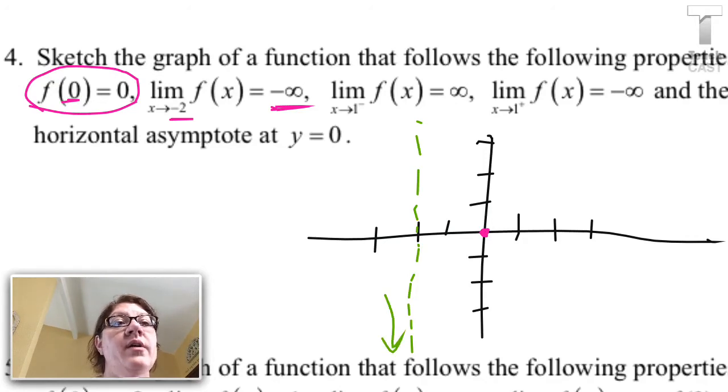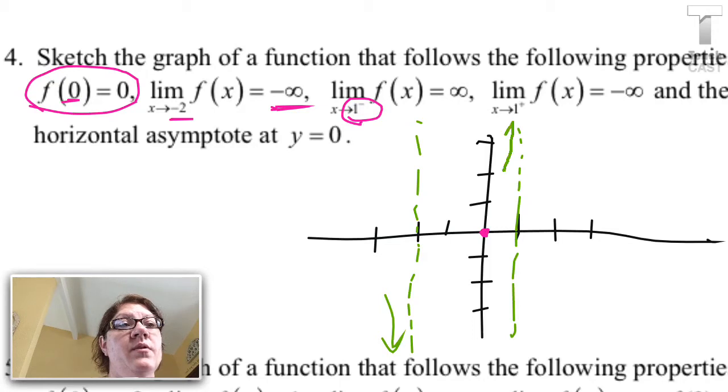And then I notice as I approach 1 from the left, I'm going to positive infinity, so I must have another vertical asymptote at 1. And from the left, so I would be going up, that's towards positive infinity. And at the same time, I notice that as I approach 1 from the right, I'm going to negative infinity, so that would be down here.